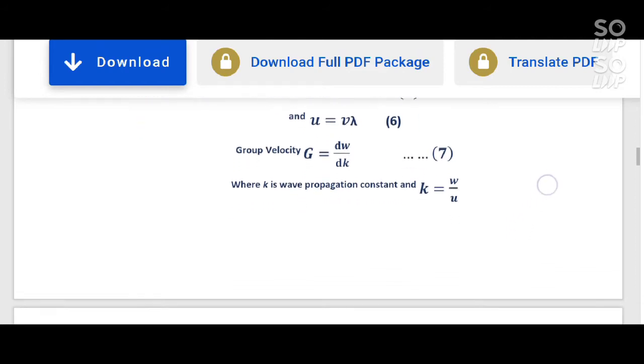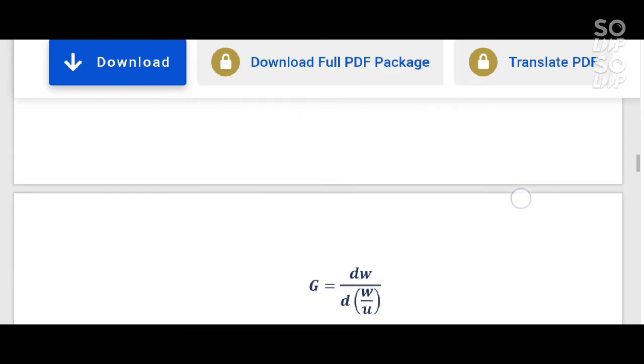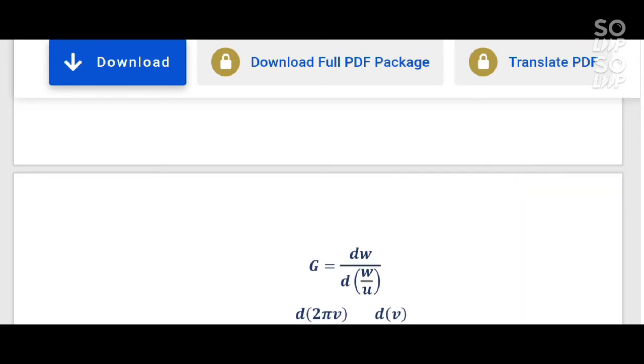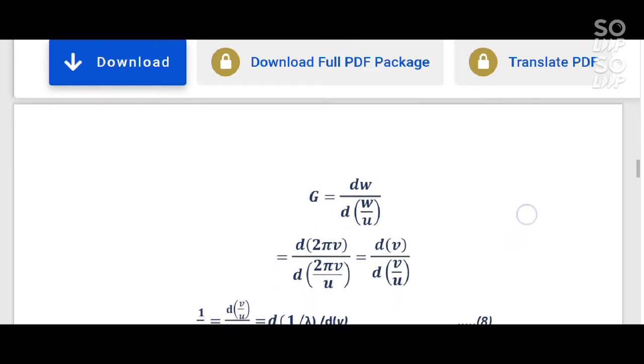If we put the value of omega and k in equation 7, then we will get g is equal to d omega by d of omega by u, closed in a small bracket. And here we have put the value of omega as 2 pi nu.